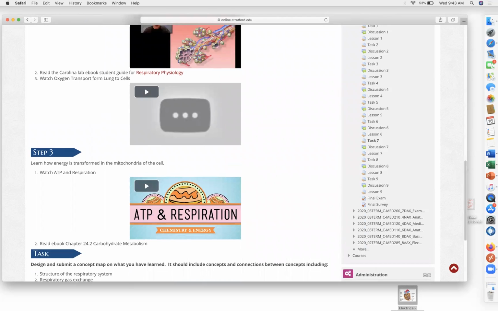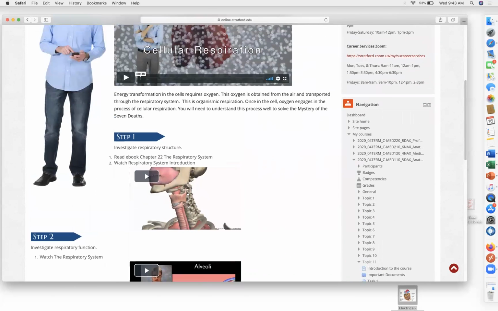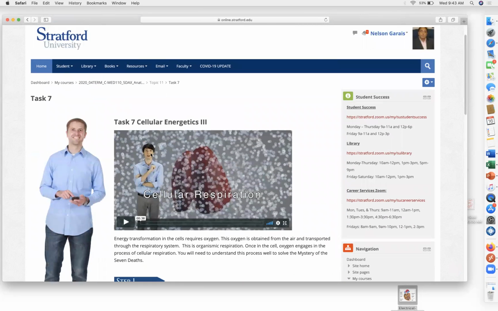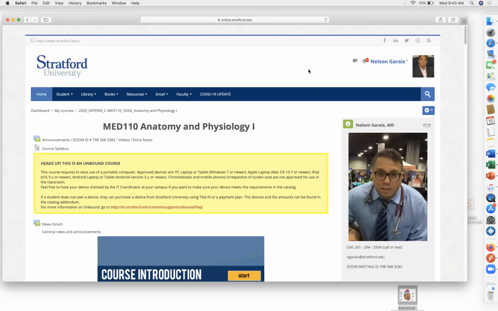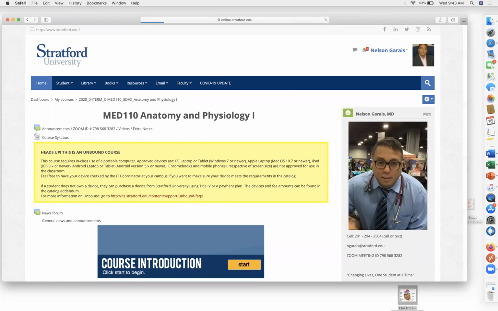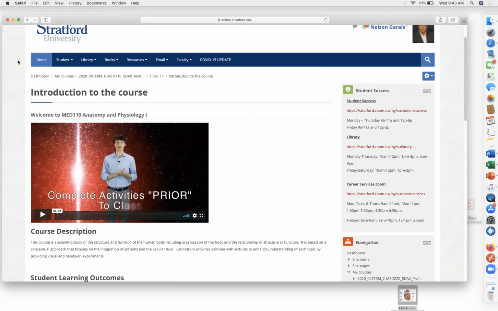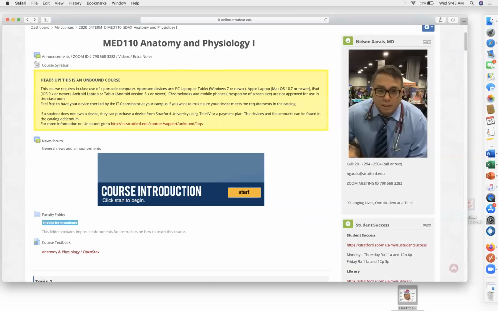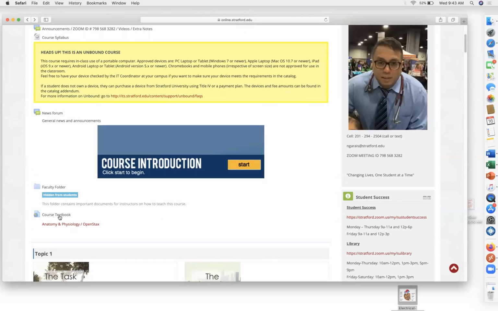This week's topic is the respiratory system, chapter 22 in your textbook. So let's, of course, watch the videos and let's utilize our textbook. And of course, I will always refer back to pictures, because remember, this is anatomy and physiology class. So let's open our textbook, OpenStax.